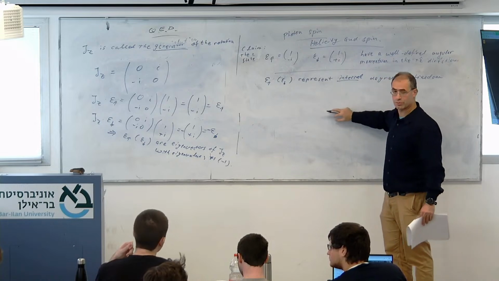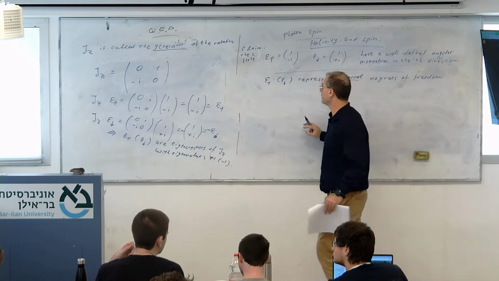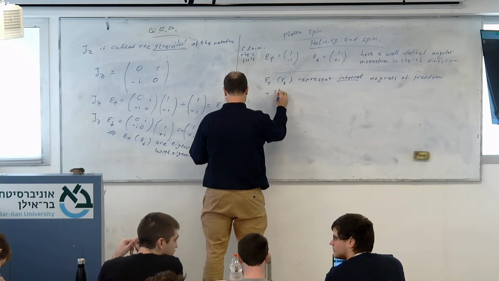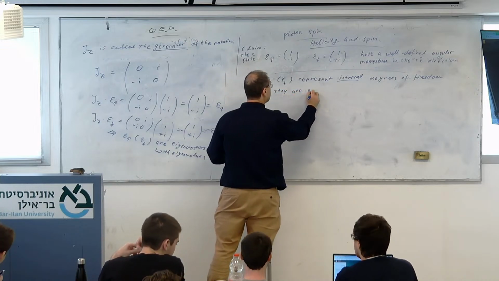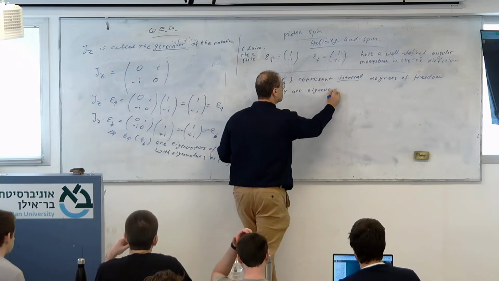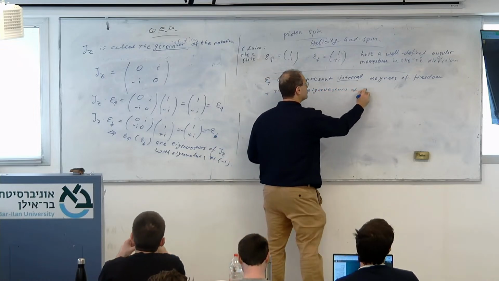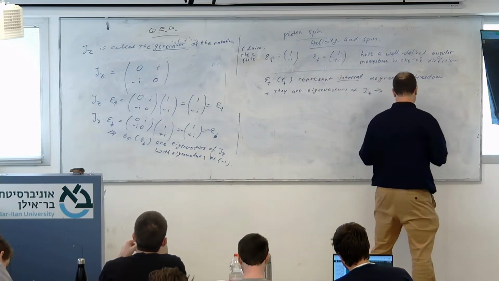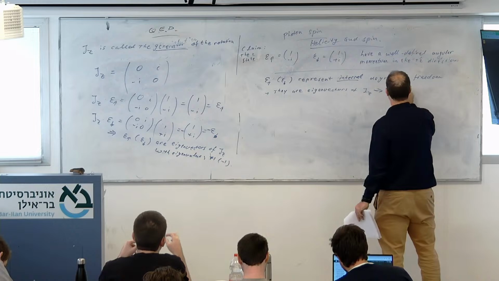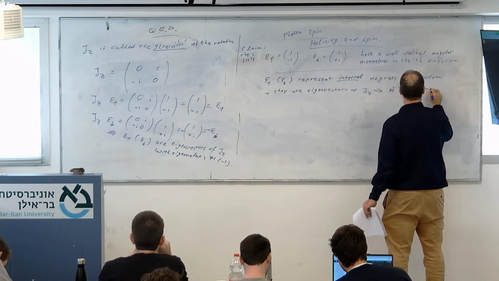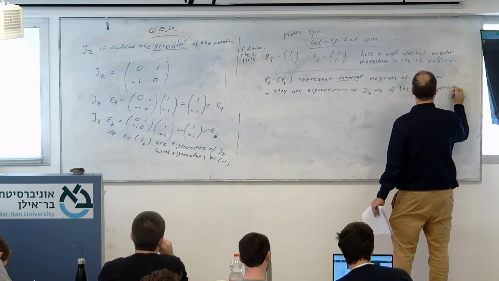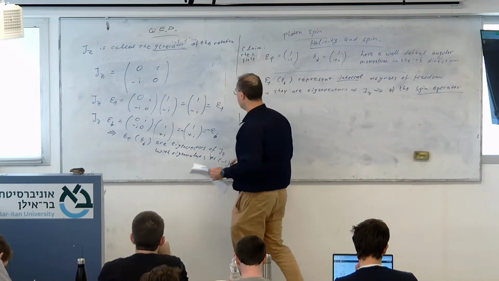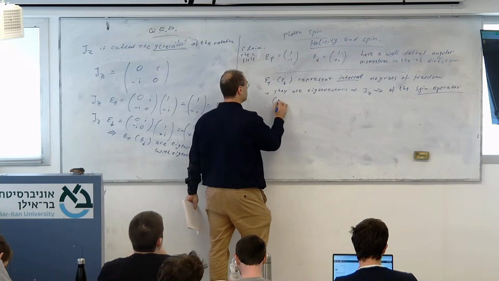Right? That is what we showed here with this matrix, and so they are eigenvectors of Jz, namely of the spin operator, and not the orbital angular momentum.